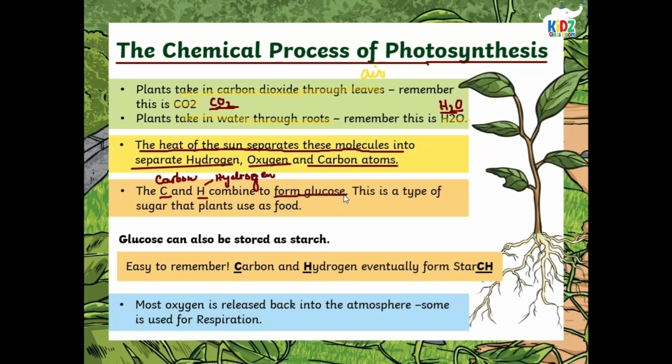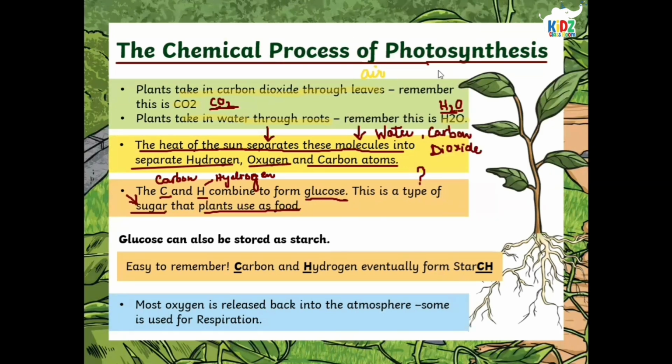Why do we need to break down these molecules into separate hydrogen, oxygen, carbon atoms? Because the carbon and hydrogen, when combined, form glucose. And what is glucose? We discussed it before, that it is a type of sugar that plants use as food.